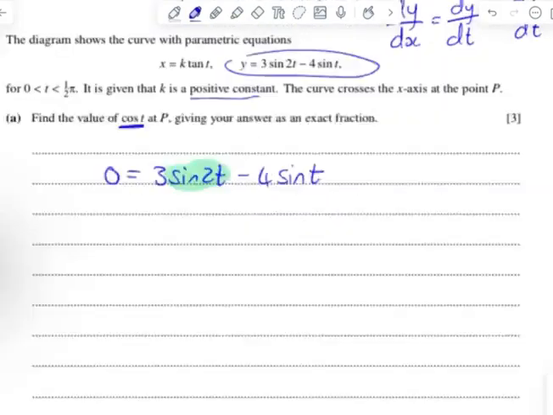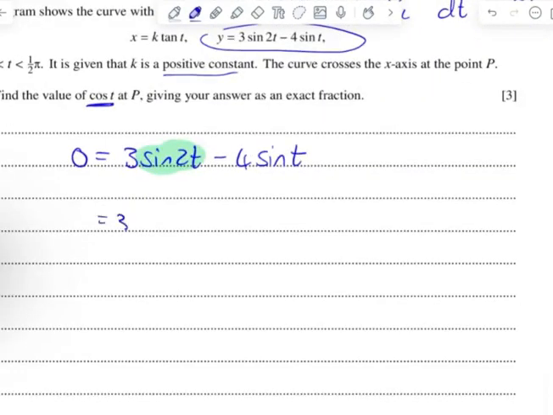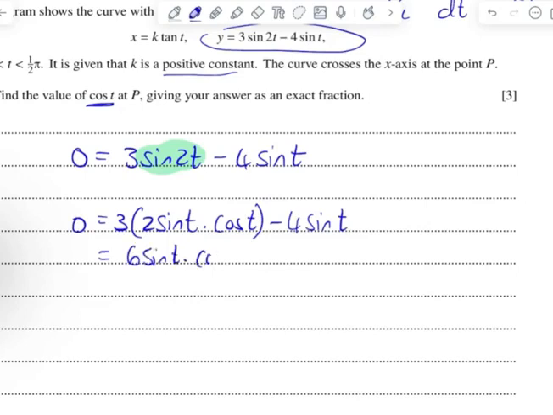All right, so I know that this is equal to 2 sine t cos t, and that whole expression is equal to 0. Okay, if I just multiply out, I'm just going to put my 0 on this side.